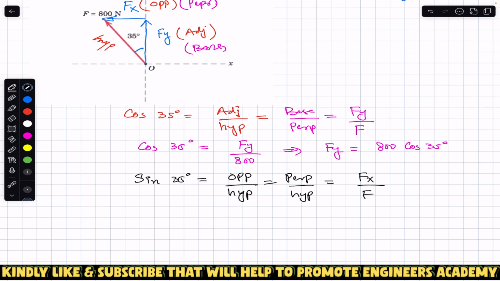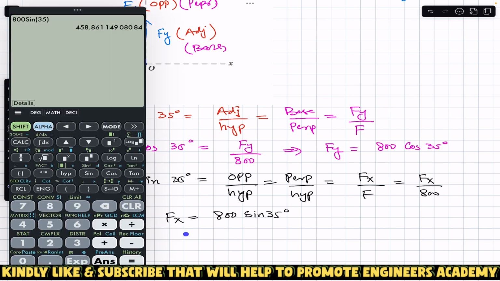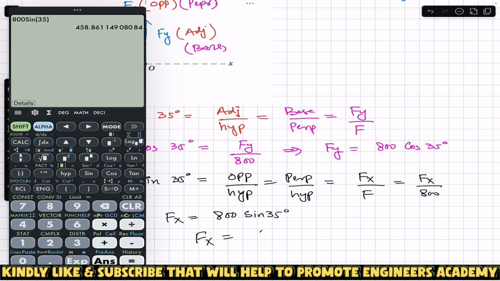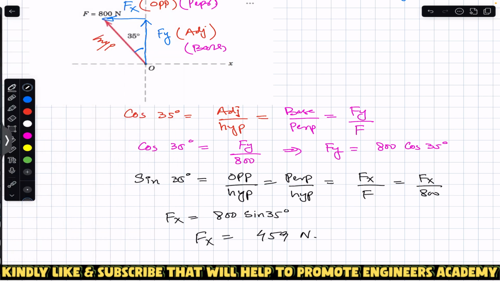Now, so this is f of x and F is 800, and if I multiply both sides of the equation with 800, then we will have f of x equal to 800 sine of 35 degrees. So we can say f of x is 459 Newton approximately, and similarly f of y is 800 cos of 35, which is 655 approximately.